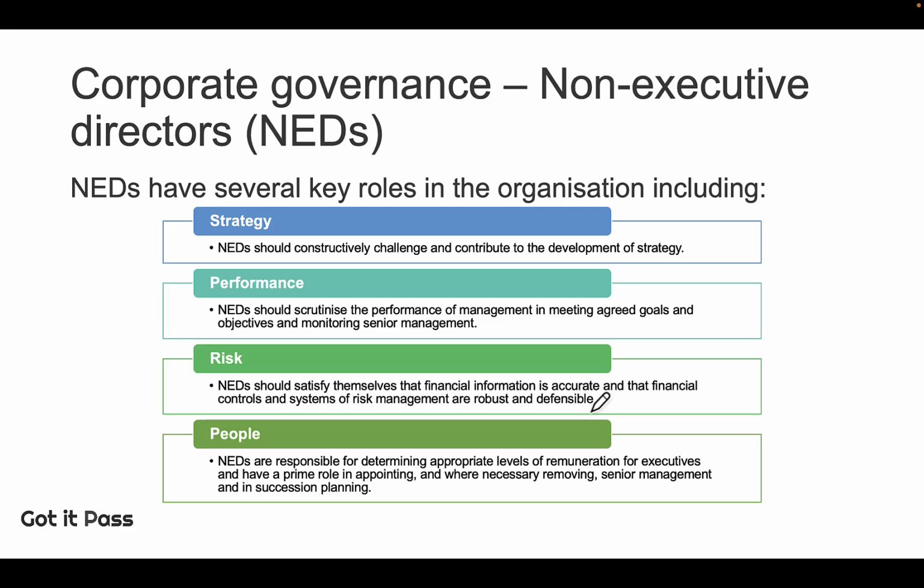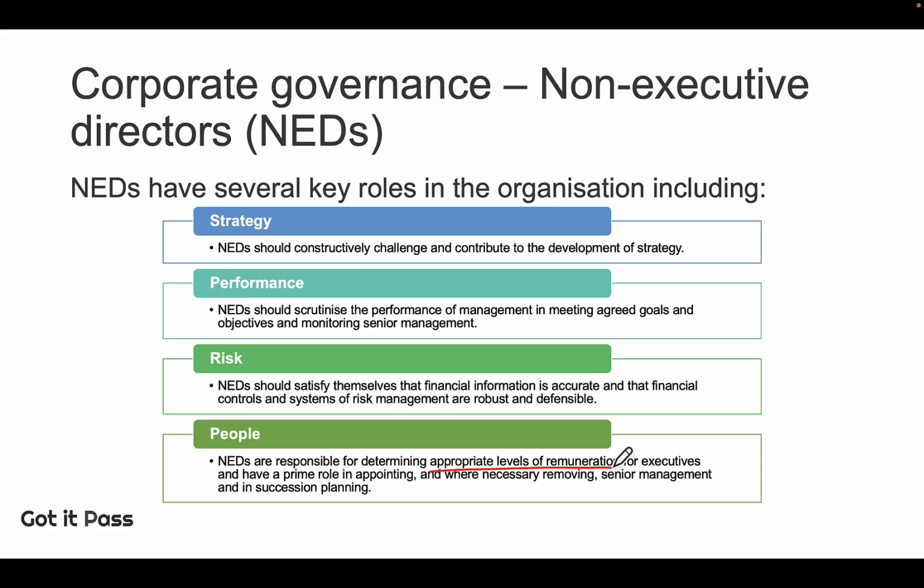The last role of non-executive directors is about people. Non-executive directors are responsible for determining that appropriate levels of remuneration are set for executives and have a prime role in appointing and, where necessary, removing senior management and in succession planning.